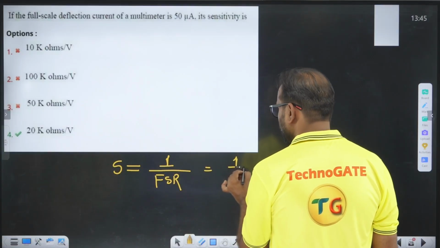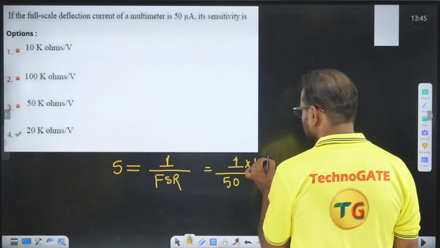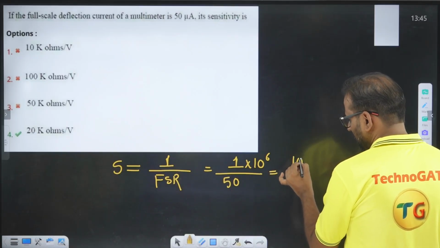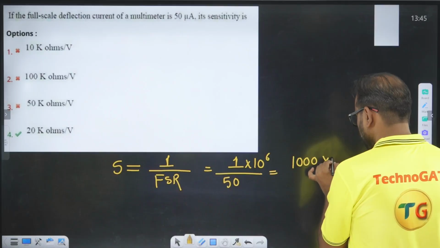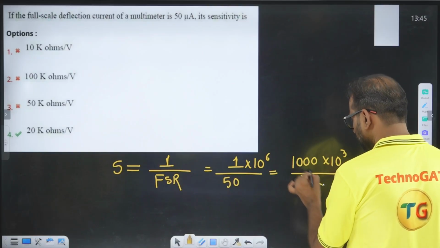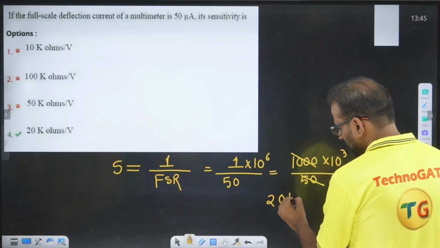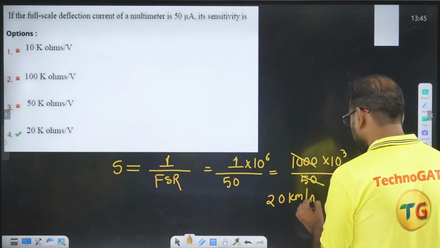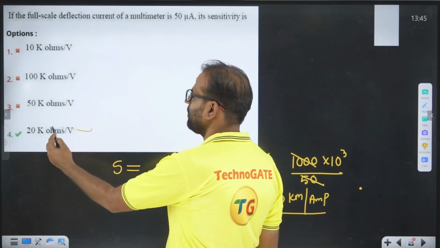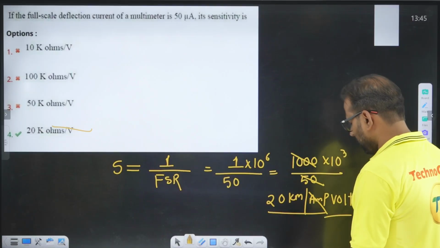So 1 divided by 50 microampere, so you can write 10 raised to the power 6, and if this is 10 raised to the power 6, 1000 into 10 raised to the power 3 divided by 50, this is 20 kilo ohm per volt. This is the sensitivity we are having, kilo ohms per volt.